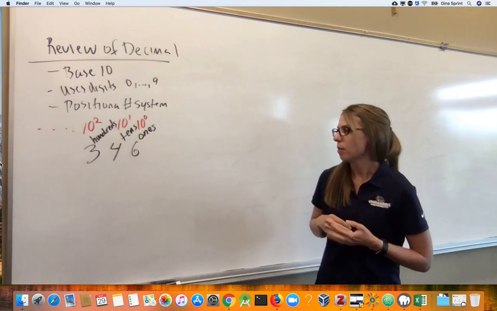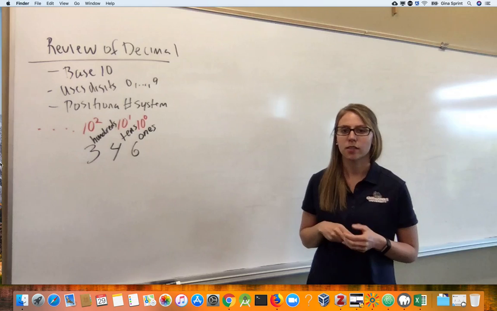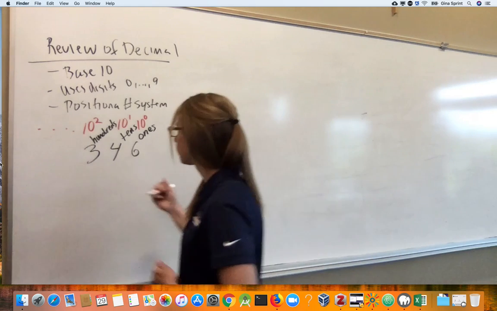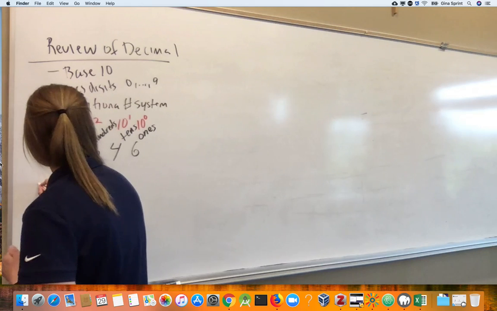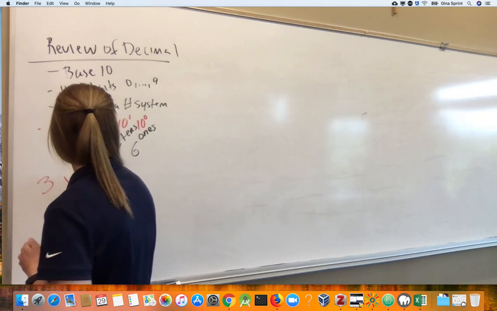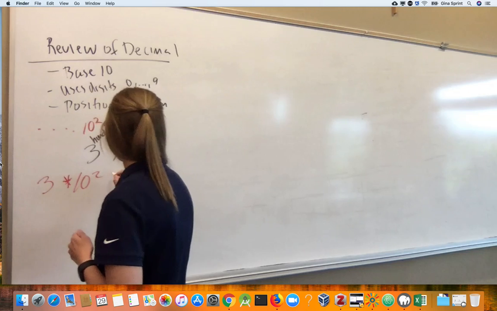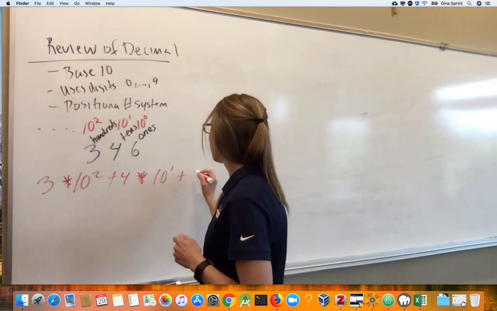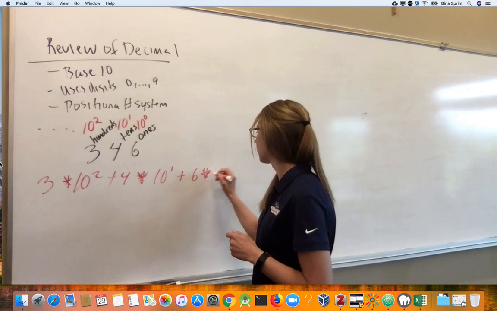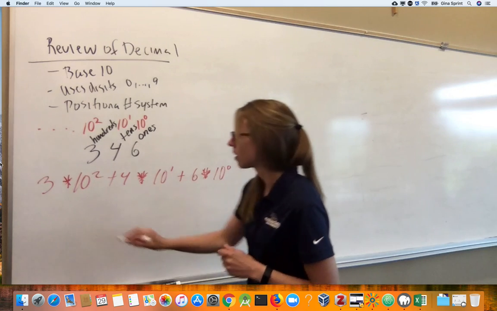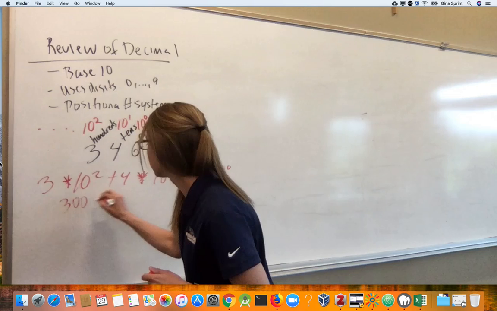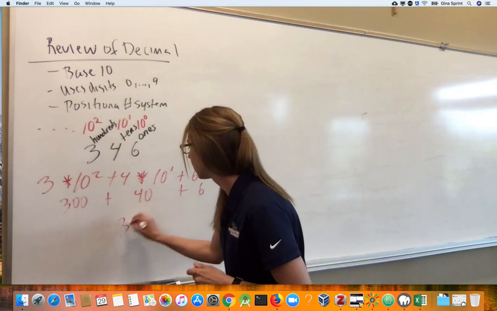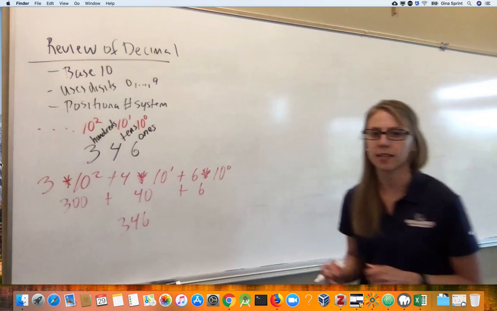So we can decompose the number 346 to be the summation of its individual parts. For example, 346 is equivalent to 3 times 10 squared plus 4 times 10 to the 1 plus 6 times 10 to the 0, which is 300 plus 40 plus 6, which is 346.